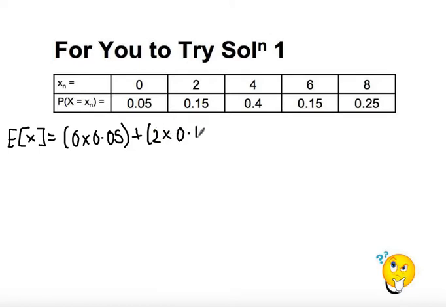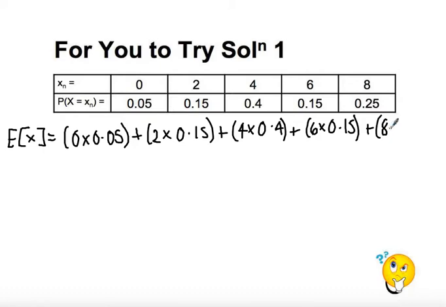So 2 times 0.15 plus 4 times 0.4 plus 6 times 0.15 plus 8 times 0.25. And it's really important when you do this that you show your calculation, because in the mark scheme you will be given your method mark for this calculation here, and without that method mark you can't then get the answer mark, which would be for the answer 4.8.